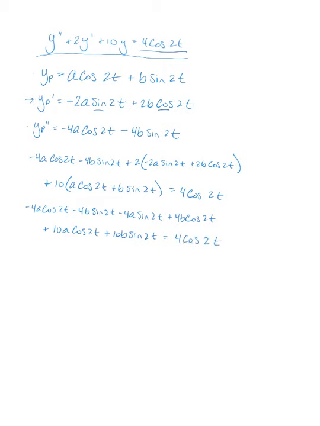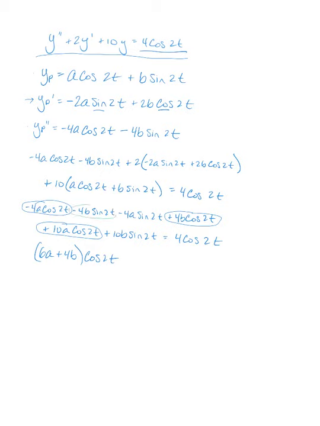Okay, like terms are going to be cosines. So I want to combine all my cosine 2t terms. So I've got this one, and this one. So negative 4a plus 4b plus 10a. So the negative 4a and the 10a make 6a. So I have 6a plus 4b all times cosine 2t. All right, then I'm going to do my sine terms.